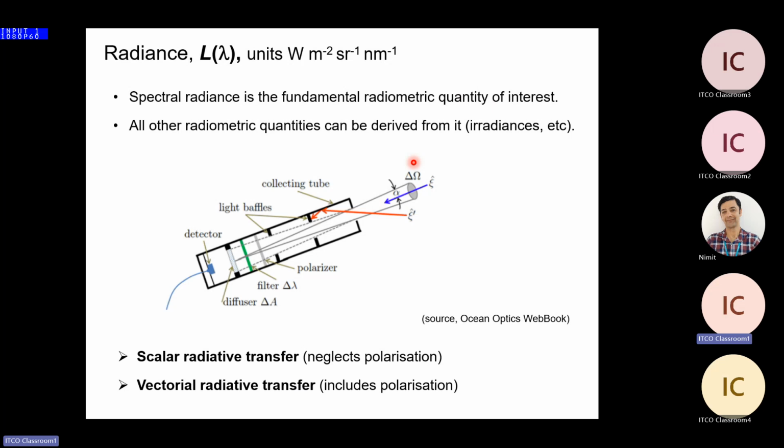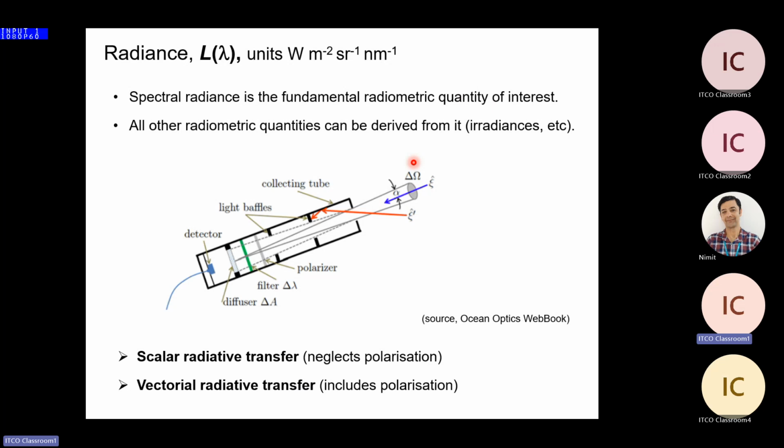And again, David mentioned this. There's two possibilities. You can have scalar radiative transfer, which completely neglects polarization. So we don't have any polarization in the equations, and we just treat everything as an unpolarized interaction. That's not really what happens in the real world. In real life, light is polarized or can be polarized, and it can make a small difference, which I'll come back to.